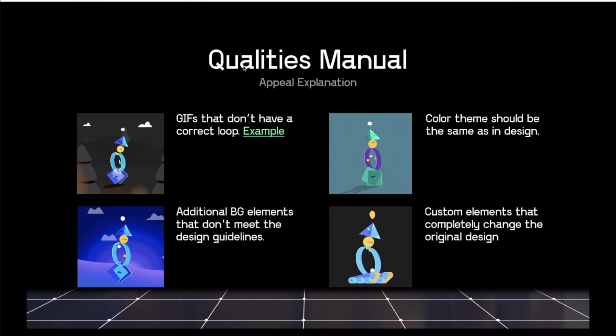The next one, appeal explanation. So appeal means GIFs that don't have a correct loop, for example like this work.